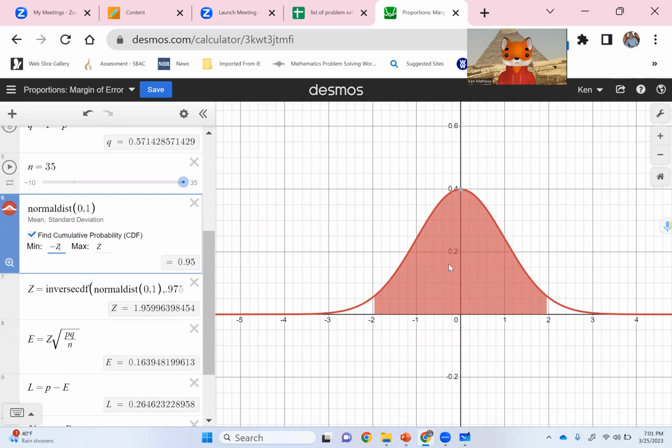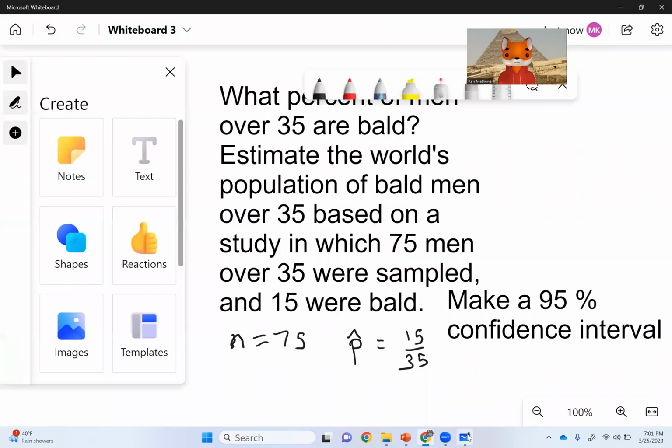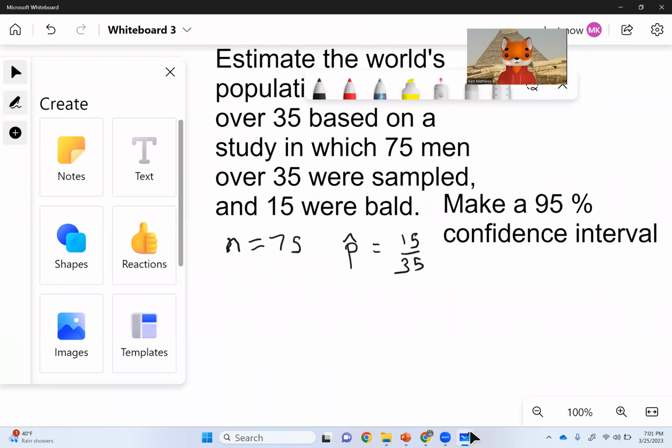Since we're doing a 95% confidence interval, that gives us a good idea that everything is great. So it's 16.4%. Here's what we would write.